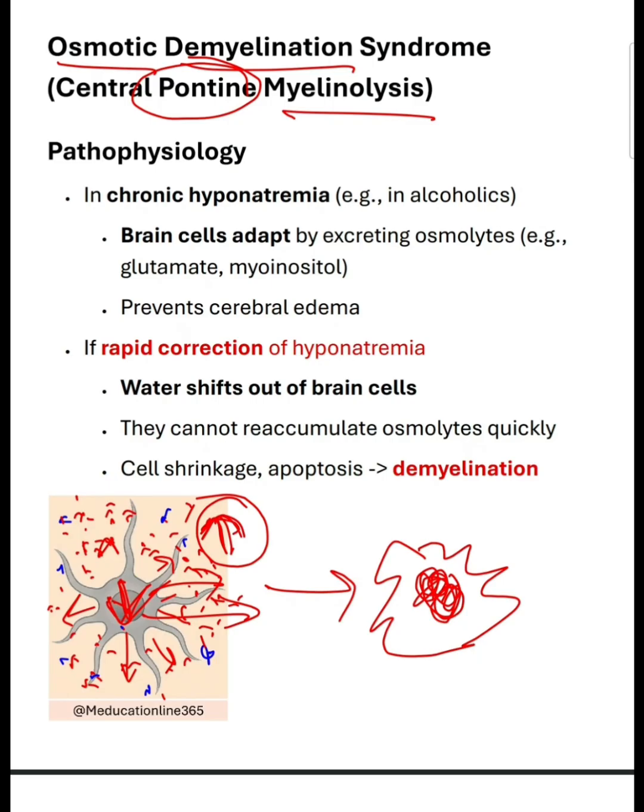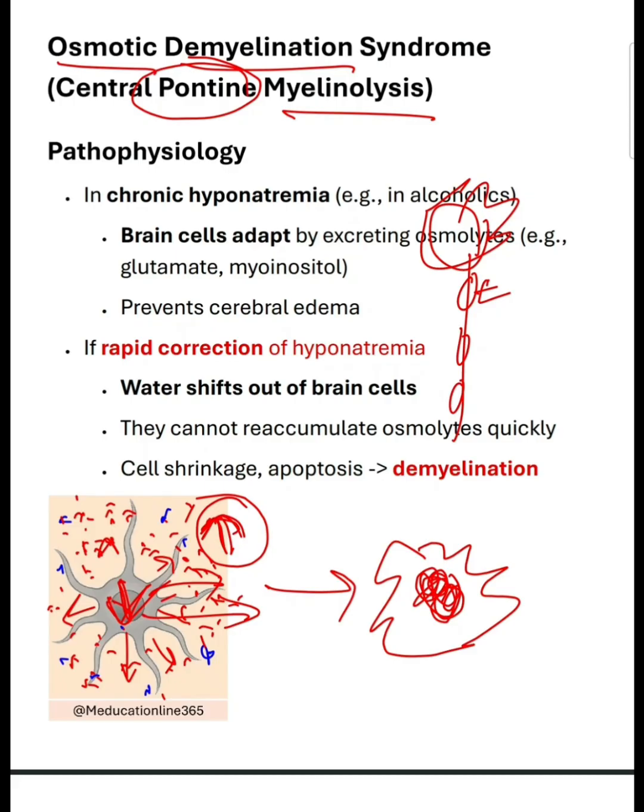And if you consider the neuron, it can also shrink. Let's draw a neuron here. Let's say this is a neuron, and we know that the axon is covered by the myelin sheath from oligodendrocytes. If the neuron shrinks because of this, it can dissociate itself from the myelin sheath.